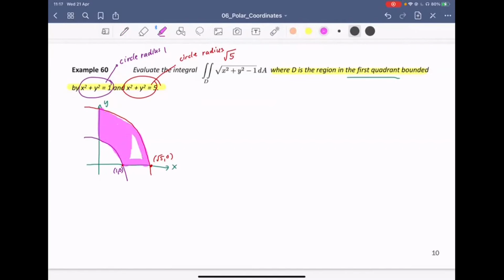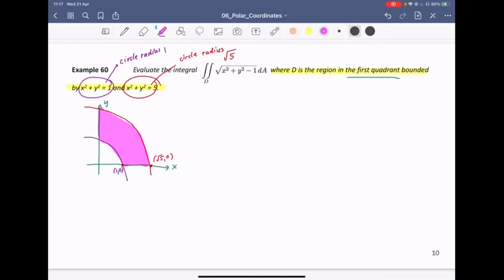This is the region you have. It's in between these two circles, like a ring. It's between the circle with radius 1 and the circle with radius square root 5, in the first quadrant.